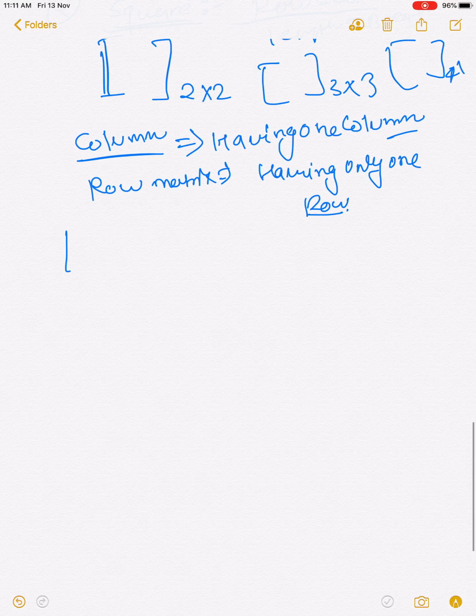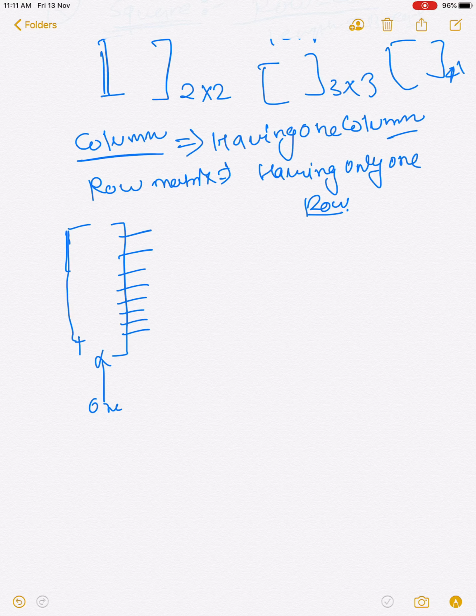What is the figure of a column matrix? Like this one, because only one column and many rows. You can take any number of rows, but you just have to see that it has only one column. Similarly for the row matrix, you have to see that there is only one row. The number of columns doesn't matter. So column and row.